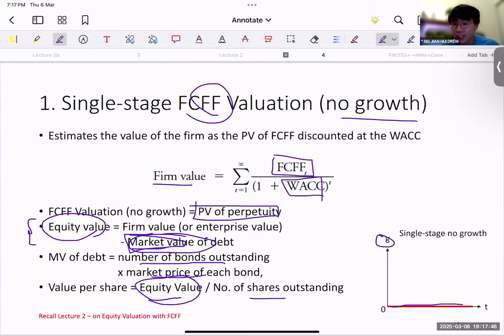I have a question directed to me: is equity value equal to enterprise value minus net debt? Correct. There are multiple variations in terms of formulation. Now, it's not really about net debt, I would say. I would say use the market value of the debt instead.